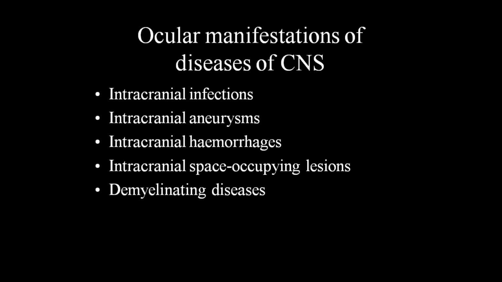So examination of the eye gives you an indication of what is happening systemically for the patient, and you can also localize some lesions manifested in the eye to some area in the brain or intracranially. Any intracranial infections, aneurysms, hemorrhages, space occupying lesions, and demyelinating diseases all have ocular manifestations. So what are those ocular manifestations? We will go through them shortly.